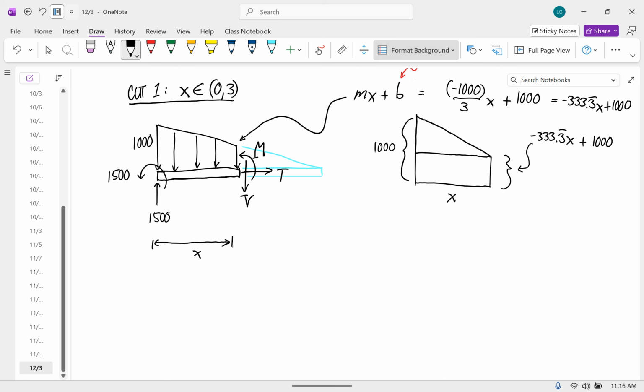And so now I'm going to do this as two shapes. We have a centroid here for the triangle, and we have a centroid here for the rectangle.